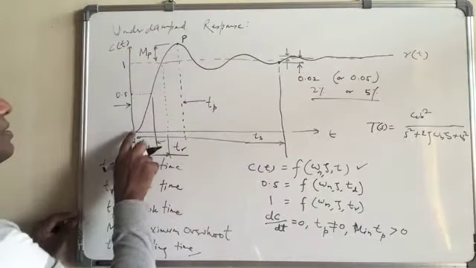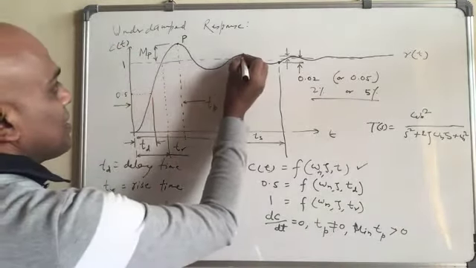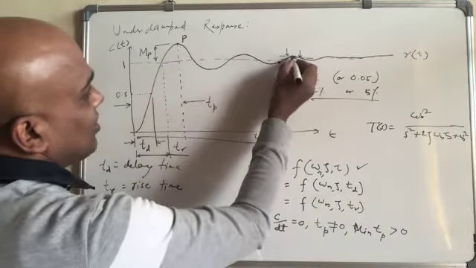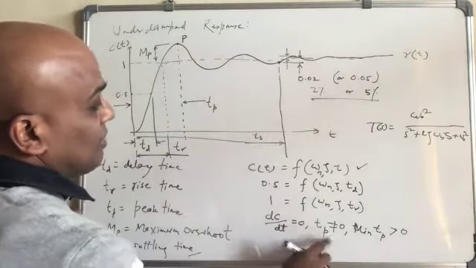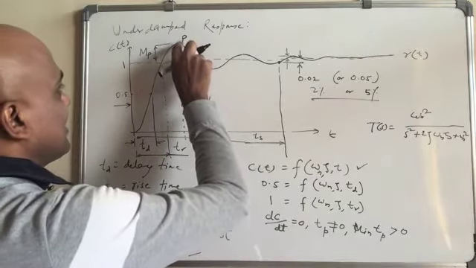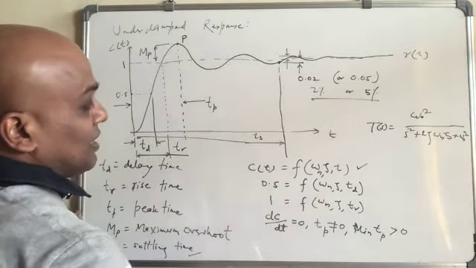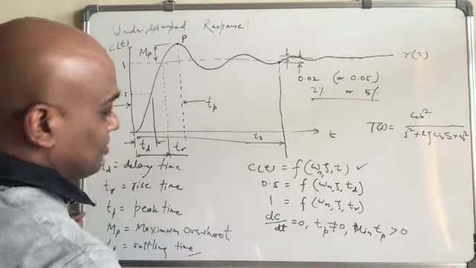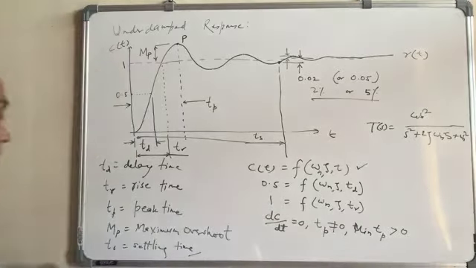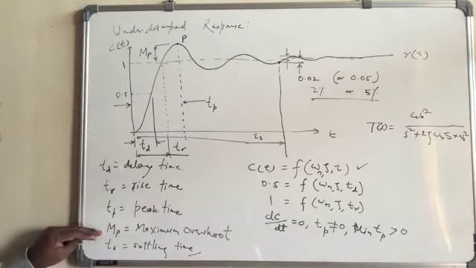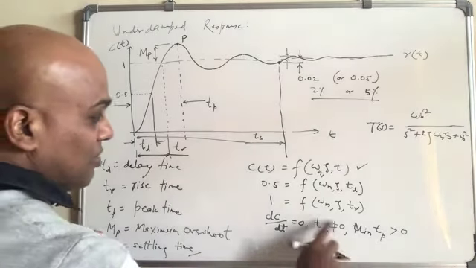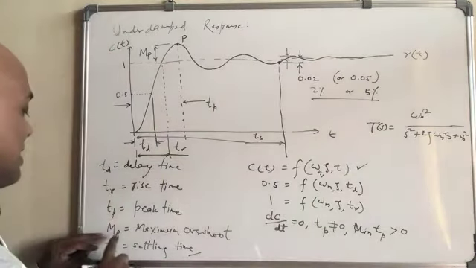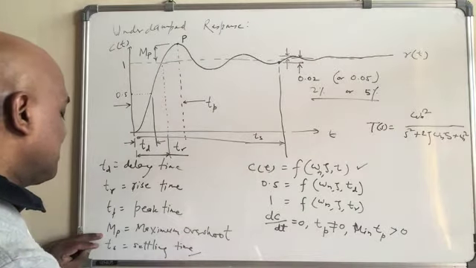The other solutions also satisfy this equation, but we are looking for just the first one, the minimum TP that satisfies this equation. From there you can find the peak time. Once you have the peak time, you can find the maximum overshoot.